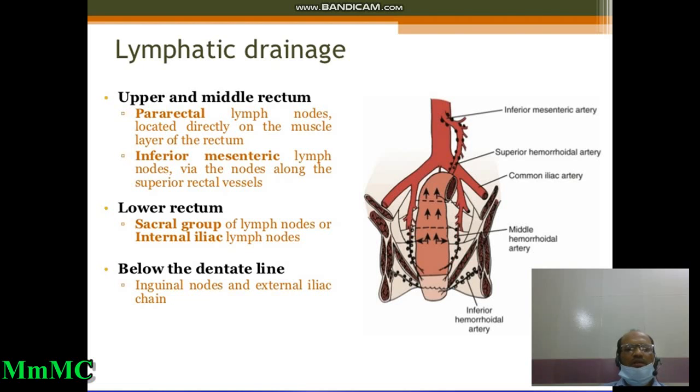Lower rectum drains through the sacral group of lymph nodes or internal iliac group of lymph nodes. If the rectal malignancy extends beyond the dentate line, then lymphatic drainage goes to the inguinal group of lymph nodes and external iliac chain. So it is very important to understand the lymphatic drainage of the rectum.